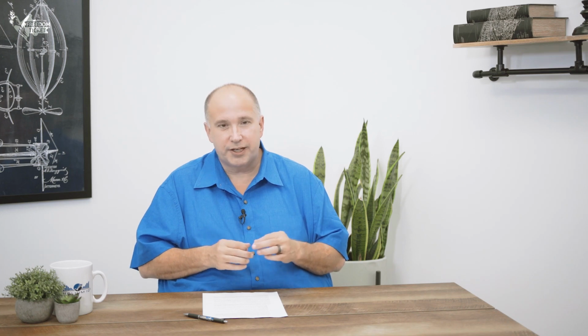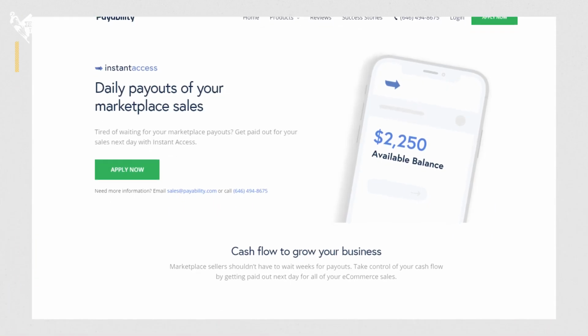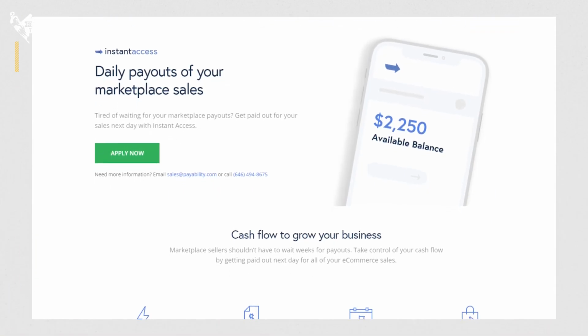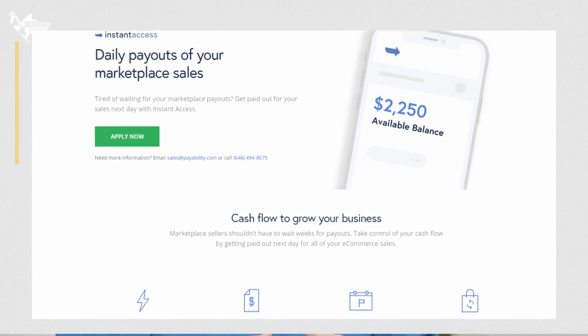Sometimes it gets delayed an extra week or two because Amazon has criteria where they'll put an extra hold on that. So you might not get all of your money every 2 weeks. There might be a little bit of a delay. So Payability is a company that will, for a small percentage fee, give you about 70 to 80% of your money on a daily basis, and then pay themselves back from Amazon. So once you get to a certain point, that could be something that you take a look at.